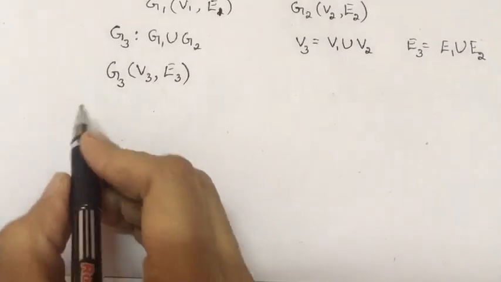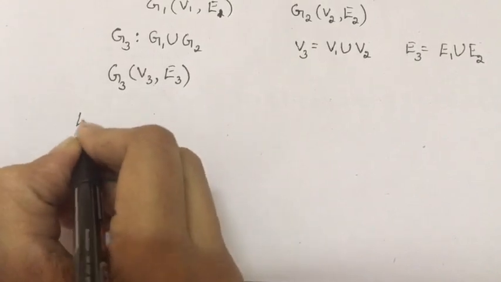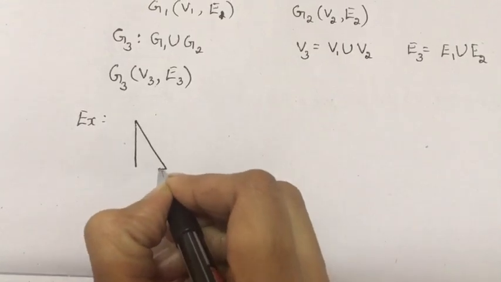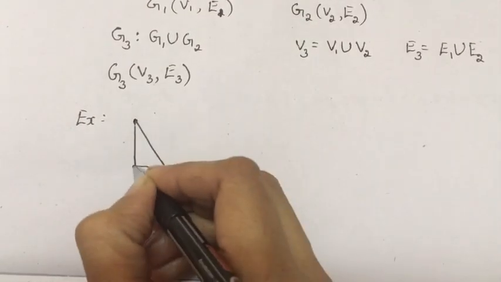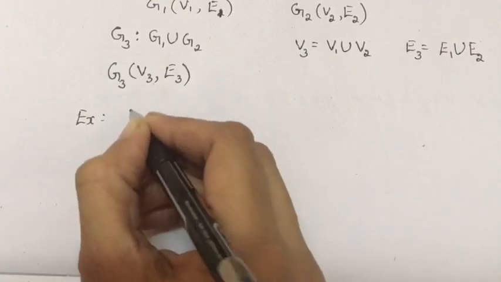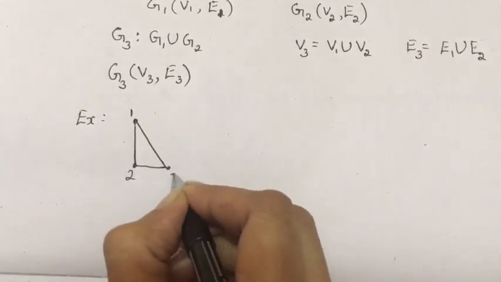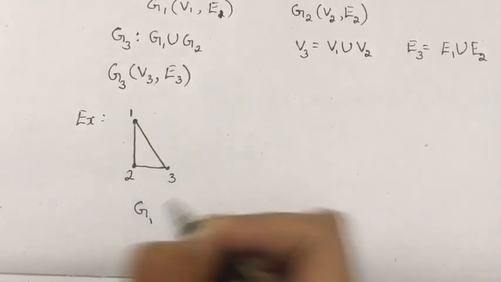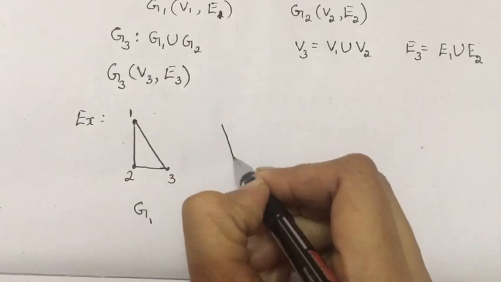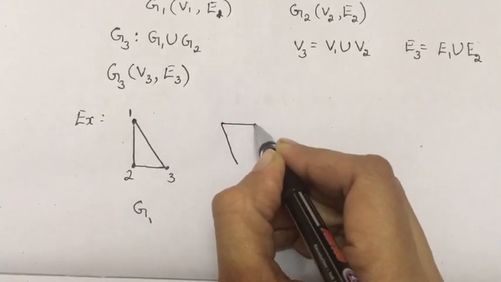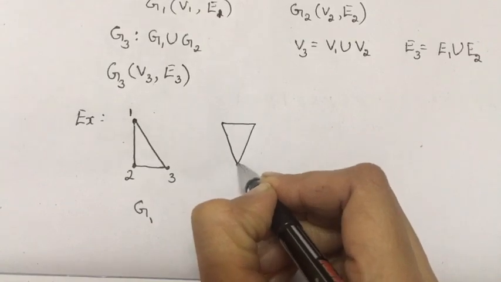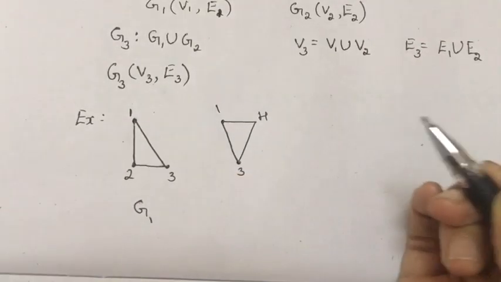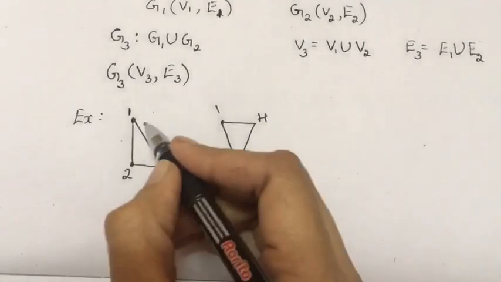For example, if I take this as G1, with vertices one, two, three, and then G2 I'll consider like this, with vertices one, three, four.